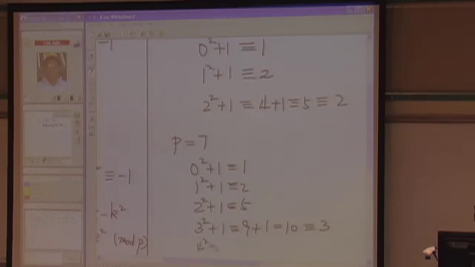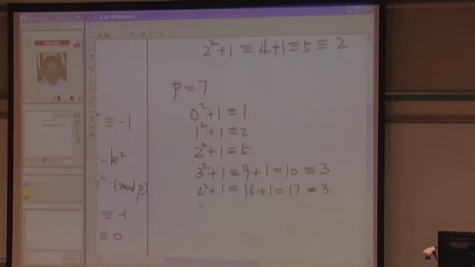4 squared plus 1 is 16 plus 1, 17, which is congruent to 3. 5 squared plus 1 is 25 plus 1, 26, which is congruent to 5. 6 squared plus 1 is 36 plus 1, 37, which is congruent to 2.